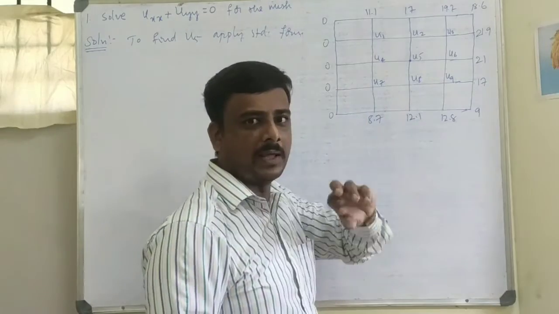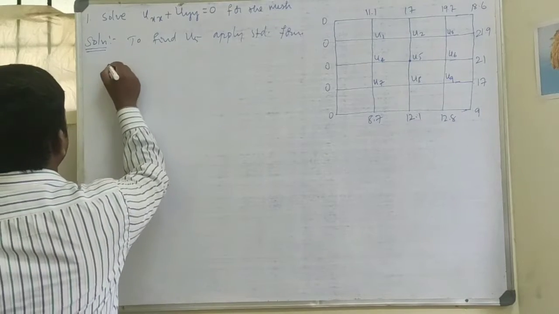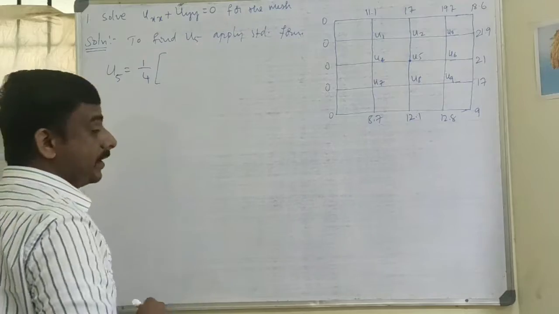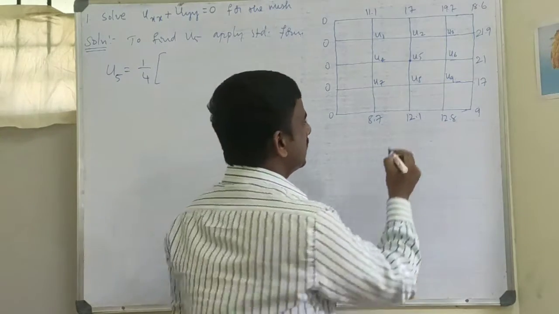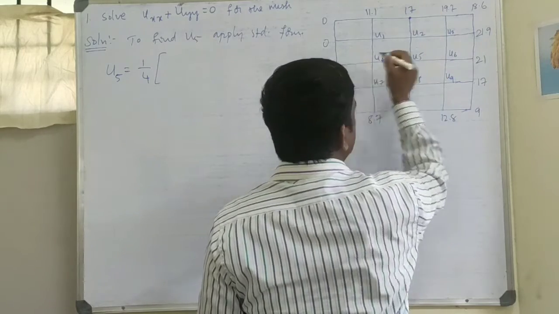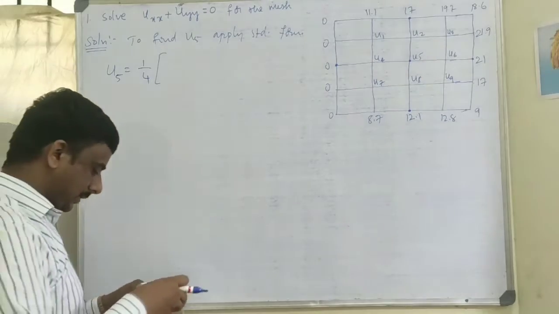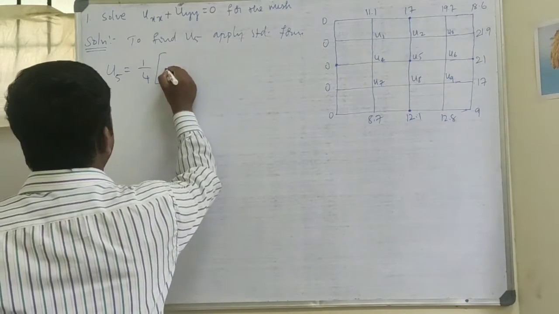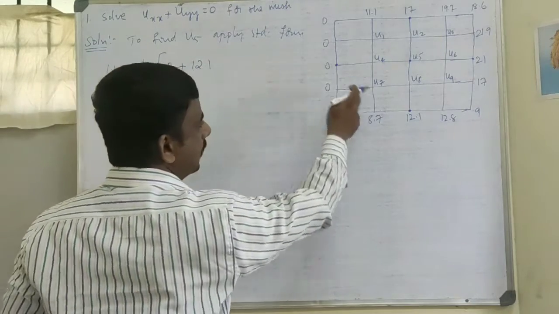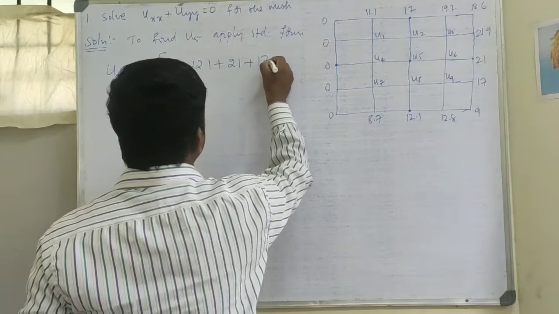If you write down the formula and substitute the values, then u5 will be 1 by 4 times. I have to take the coordinates from the largest square. So u5 is equal to 1 by 4 times (0 plus 12.1 plus 0 plus 12.1 plus 21 plus 70).